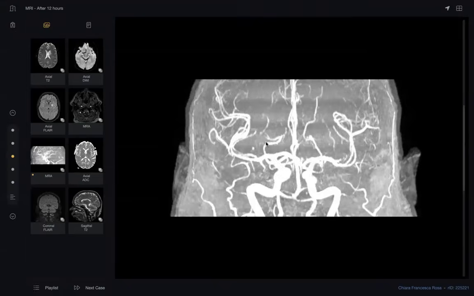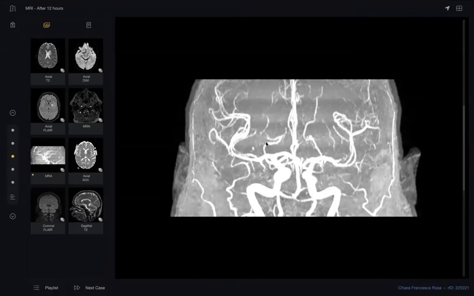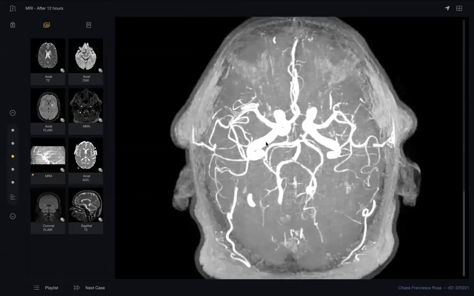So what else? I think in addition to this angiogram, we can probably do MR perfusion images as well. Thank you, doctor.